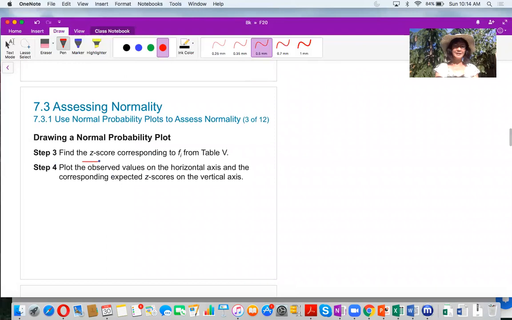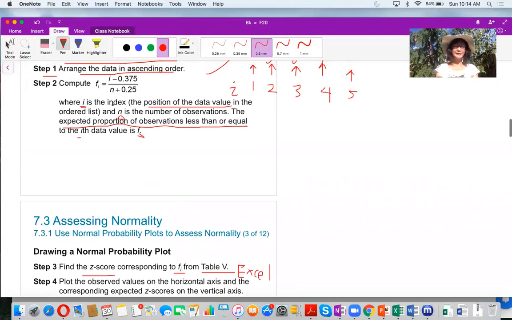Step 3, find the z value based on Fi from either the table or from Excel. Remember in step 2, you get Fi. So Fi is actually the area. This area represents the proportion of the observations that are less than or equal to the ith data value.